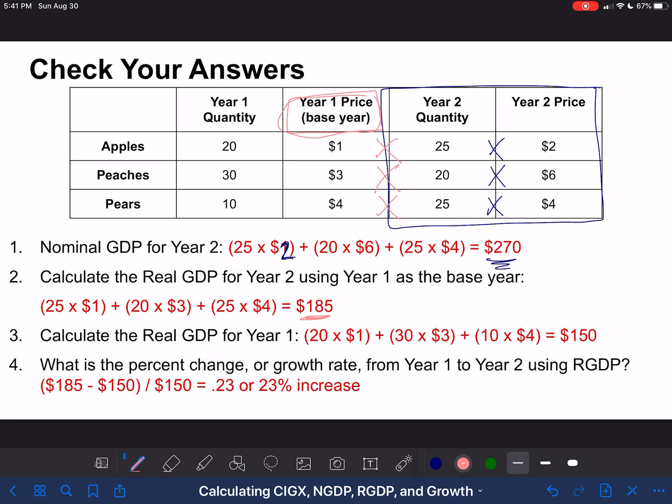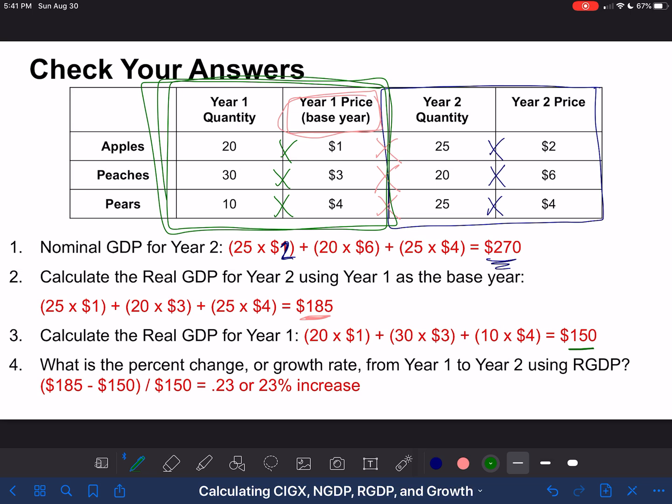So the real GDP for year 1 is our year 1 quantity times our year 1 price. So it's 20 times 1 plus 30 times 3 plus 10 times 4, which gives us 150.